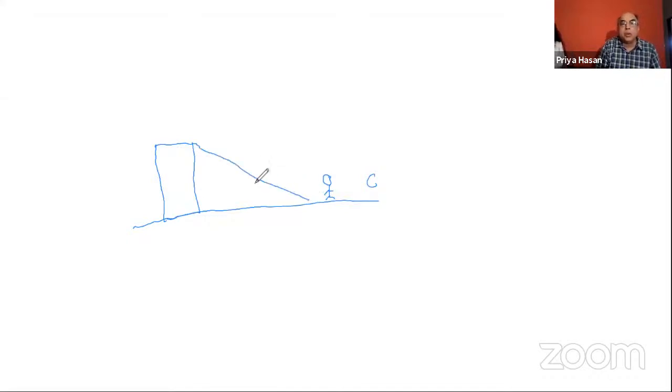He will measure it from his eye level. So from his eye level, if this is 45 degrees, then the distance which he has here is the height which he has here.